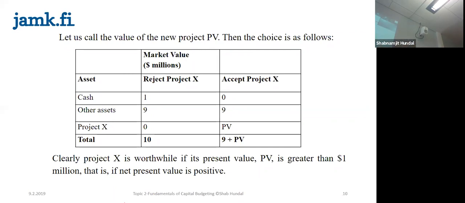So you invest 1, you get 1. What difference does it make? Nothing. And if 9 plus PV is less than 10, let's say this is 9 altogether, so PV is 0. You invest 1, again get nothing. What could be worse than that?